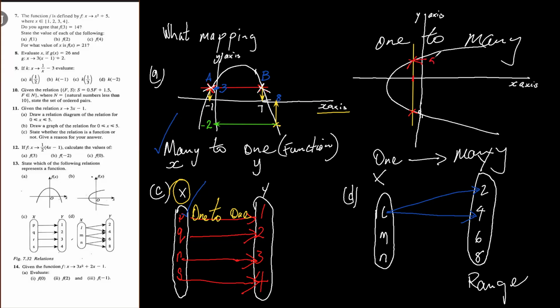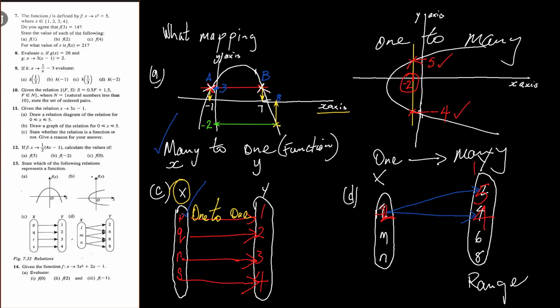So let's call this 5, let's call this -4, and let's call this -2. So you have -2 on the x-axis going to two numbers on the y-axis. We could have put -2 here, and it's going to 5 and -4.